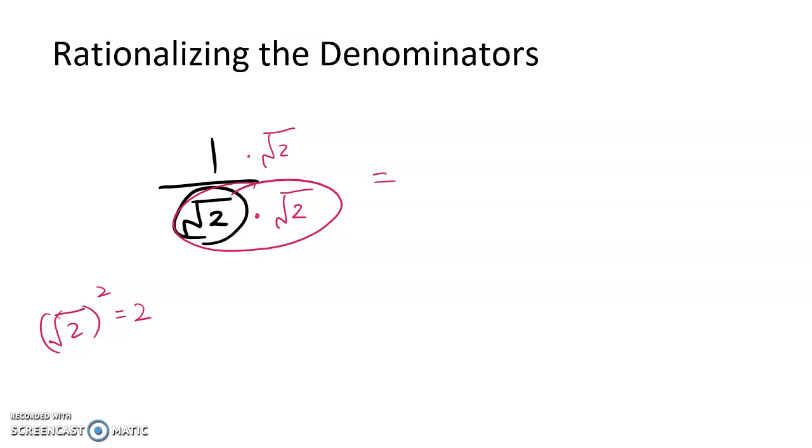So the denominator becomes a 2, and the radical sign is gone. On top is 1 times square root of 2, which is square root of 2. So in other words, 1 over square root of 2 is equal to square root of 2 over 2.